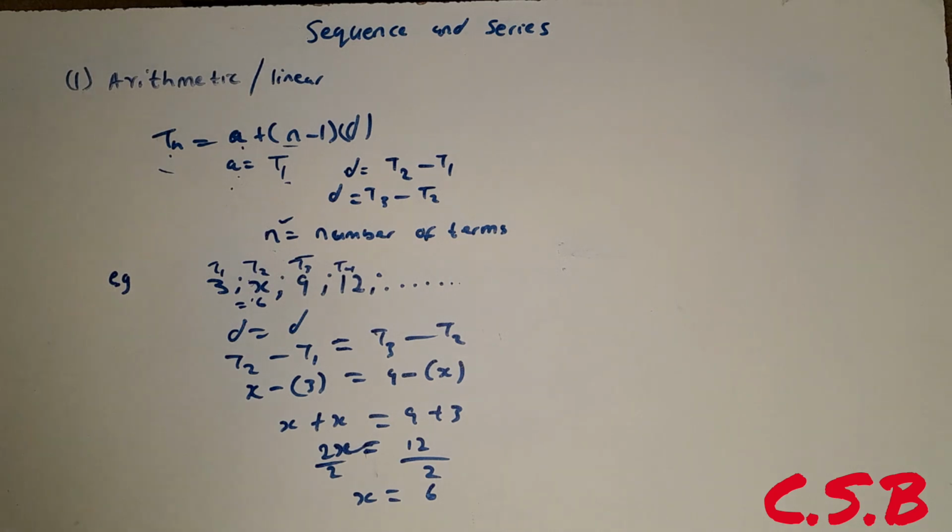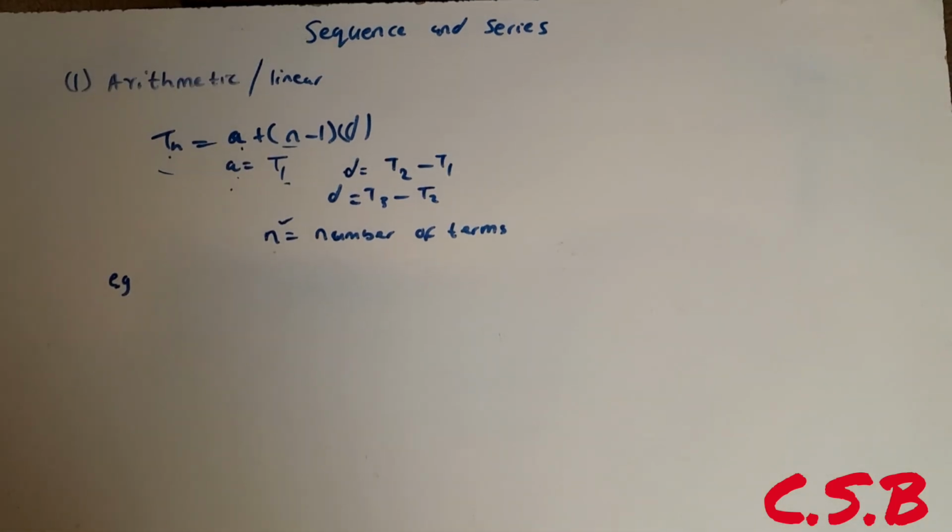So I'm trying to make things easier for you as we are about to go to serious stuff, whereby you need to find the sum of the terms. So guys, this is actually still revision from your grade 11.